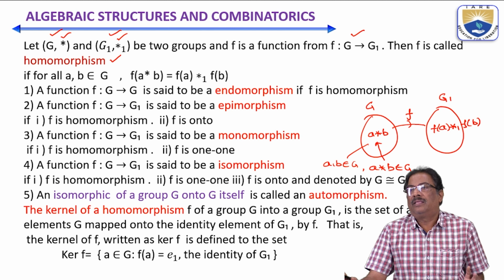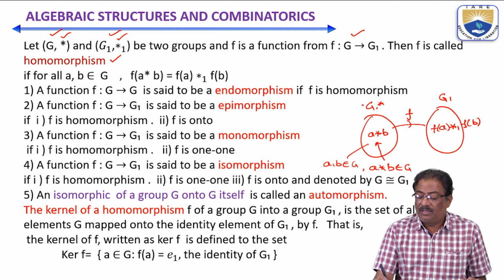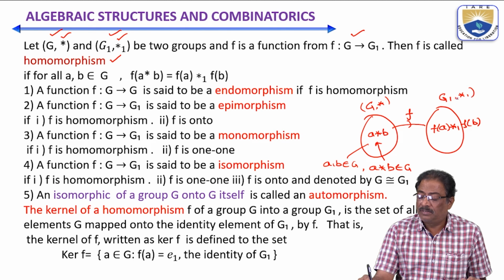So here there are two groups: G is a group under the binary operation star, and G1 is also a group under the binary operation star 1.